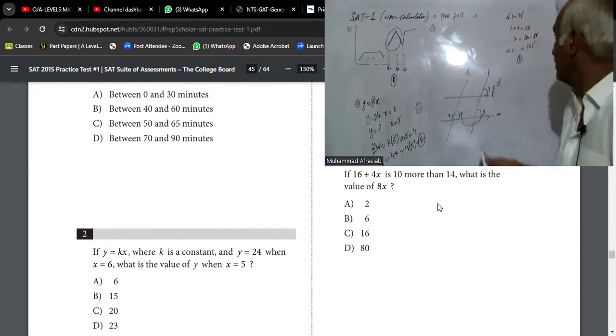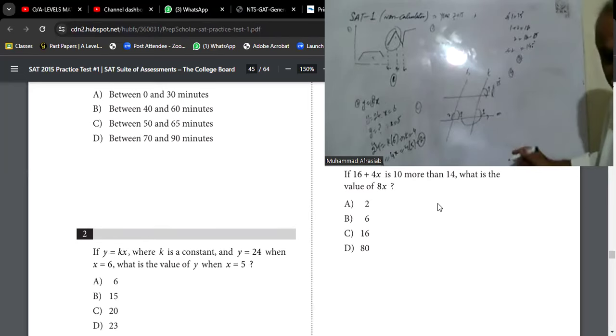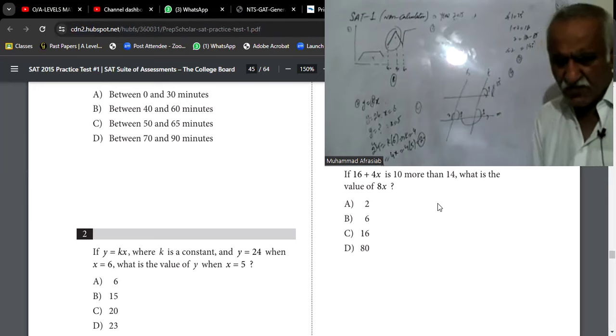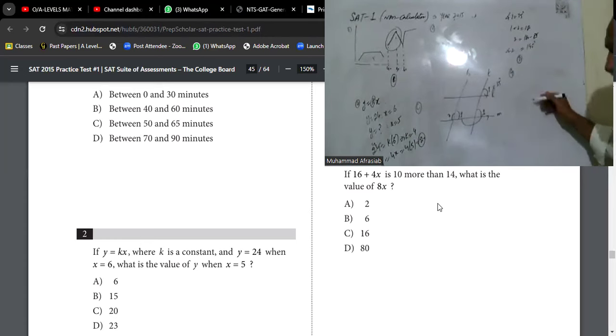Question number 4. 16 plus 4x is 10 more than 14. What is the value of 8x? These are word problems, so we can write it like this: 16 plus 4x is equal to 10 more, meaning plus, than 14.